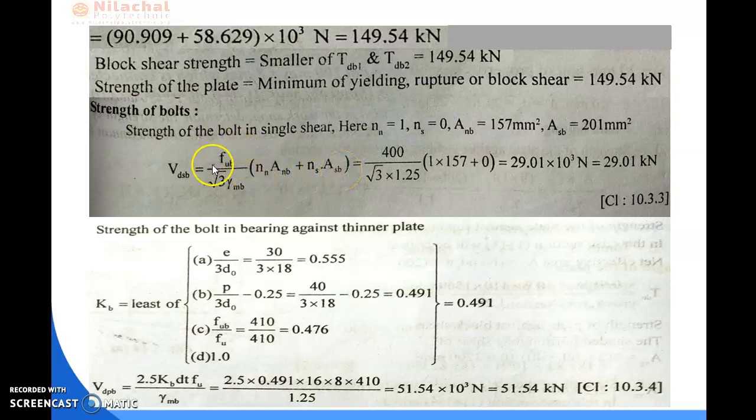So the FUB is 400, gamma MB partial safety factor is 1.25, NN is 1 and NS is 0 because the plate section is overlapped on the gusset plate, so in case of overlapping portion, the NN value will be 1 and NS value will be 0.